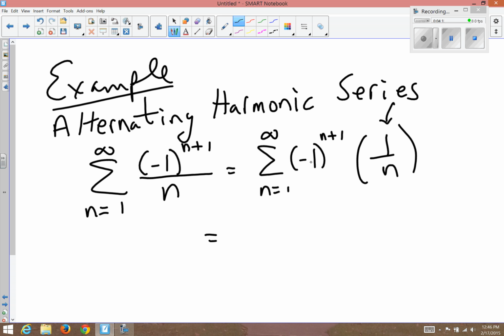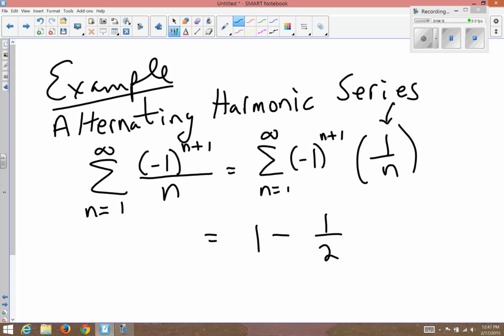Replacing n with 1, since 1 plus 1 is 2, -1 squared is positive 1, with positive 1 times 1 over 1. But when n is 2, 2 plus 1 is 3. -1 to the third power is -1. So we have -1 times 1 over 2.